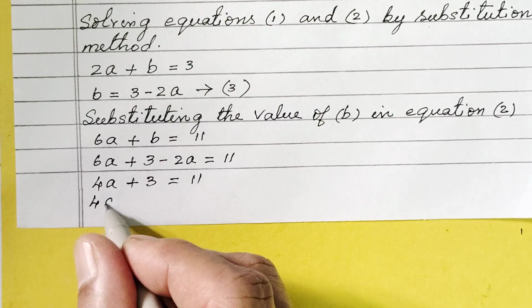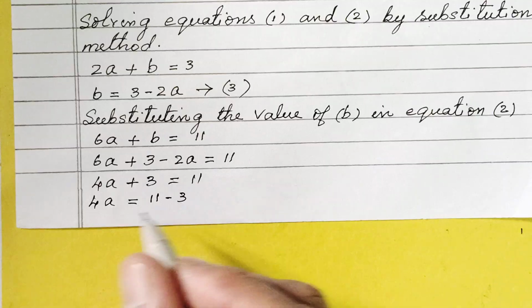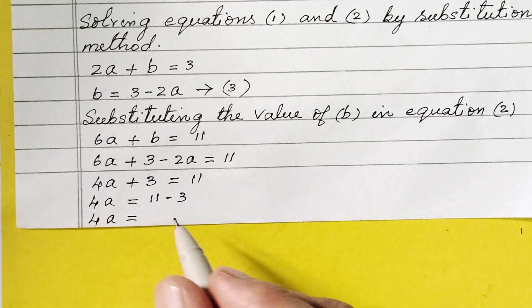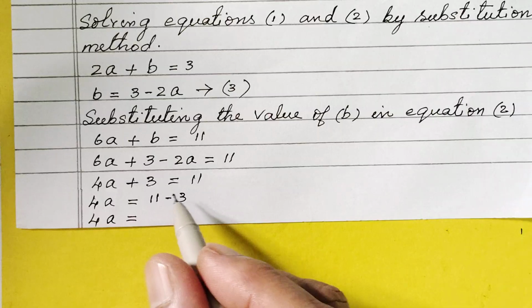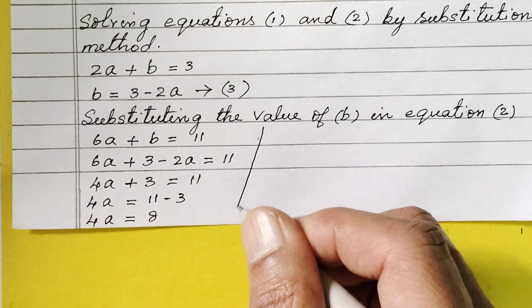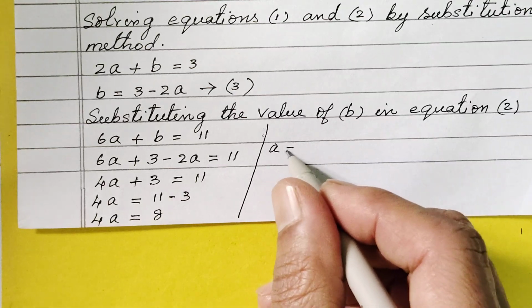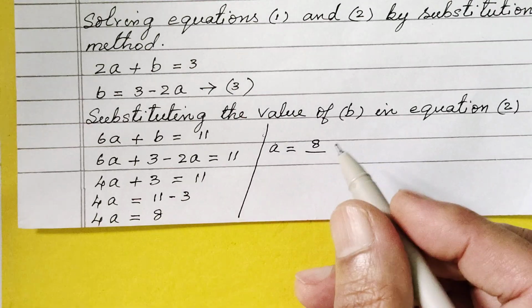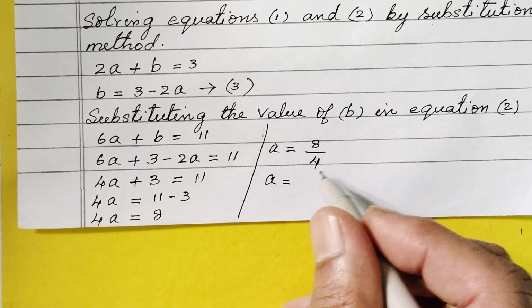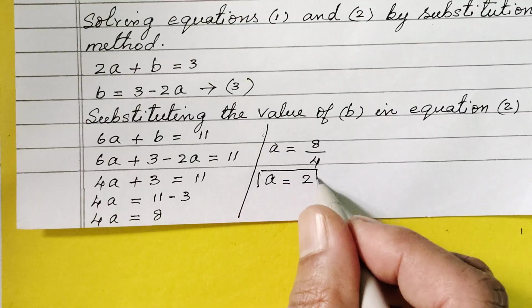So 4a will be equal to 11 minus 3. So 4a is equal to 11 minus 3, which is 8. So a will be equal to 8 by 4. So that is a is equal to 2. So value of a is got here.